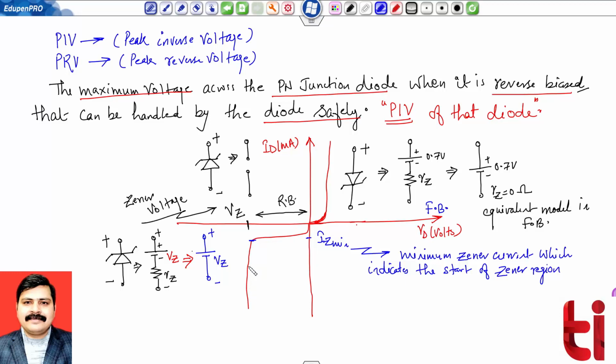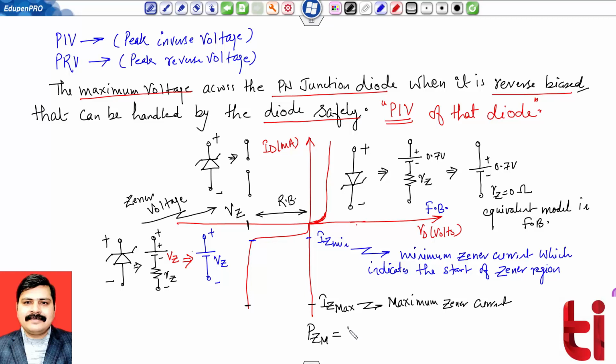And in fact, you can check there is no limit. This curve can be moved beyond this screen, but practically there should be some limit. So I am marking here. Suppose this particular point is my IZ max, and this is my maximum Zener current, and a term PZM, which is indicating maximum power dissipation factor.